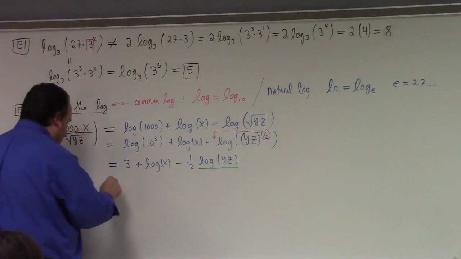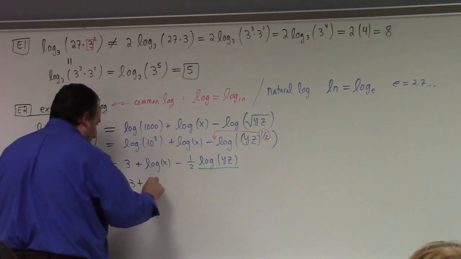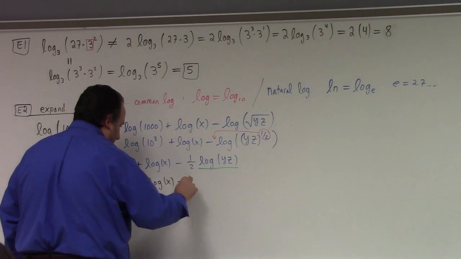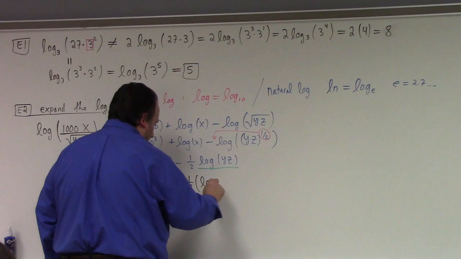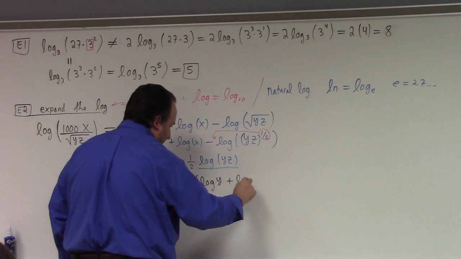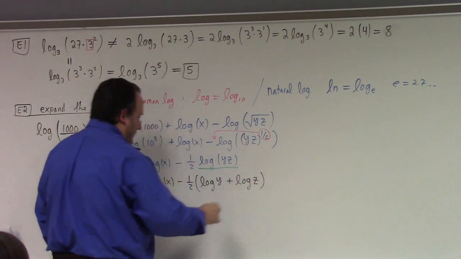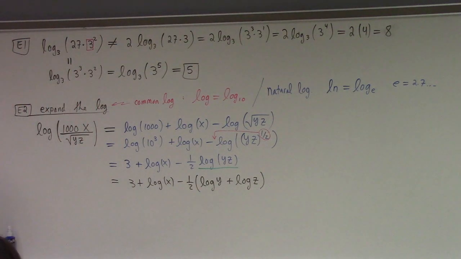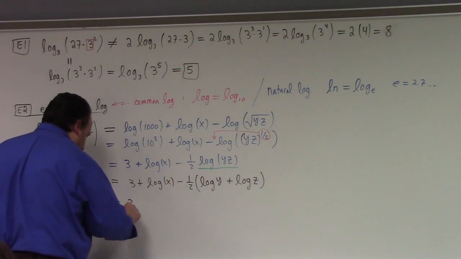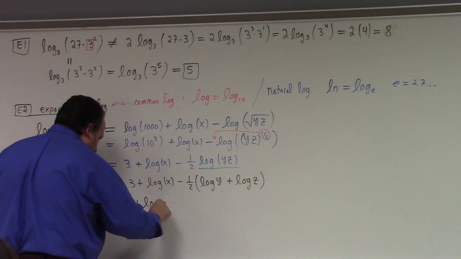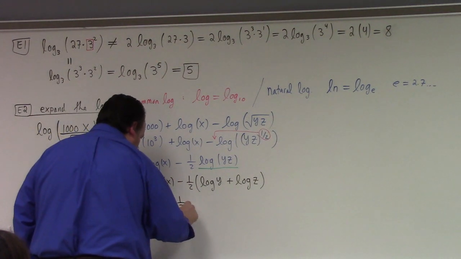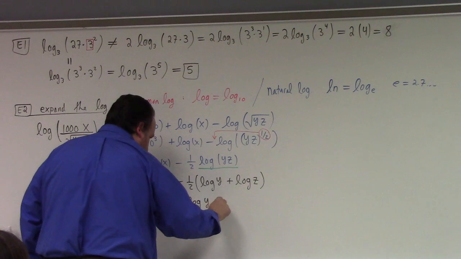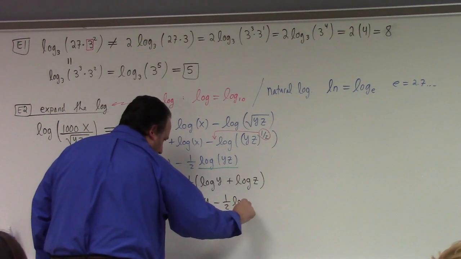So what we got is 3 plus the log of x minus 1/2, I'll put some parentheses in here, the log of y plus the log of z. And so what do we have? We have 3 plus, excuse me, goodness gracious, minus 1/2 log of y minus 1/2 log of z.